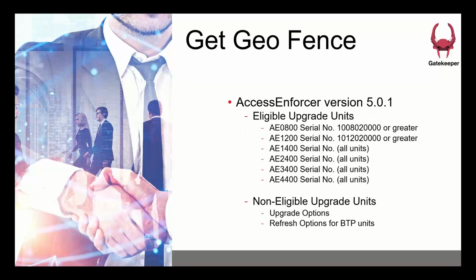In terms of the eligible units, some of the older 800s we're end of lifing, the 801s and the 1200s, 1201s. So all the others are eligible for upgrades. And if you're on the monthly program, make sure you talk to your sales rep for refreshes. We manage those.